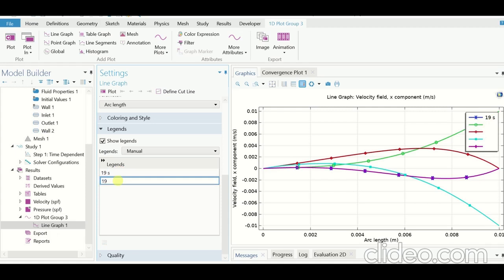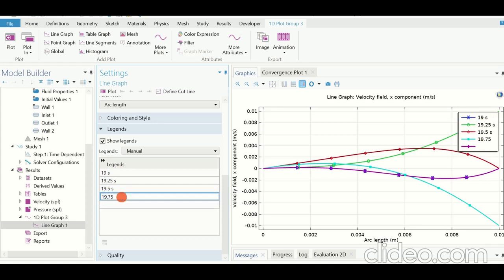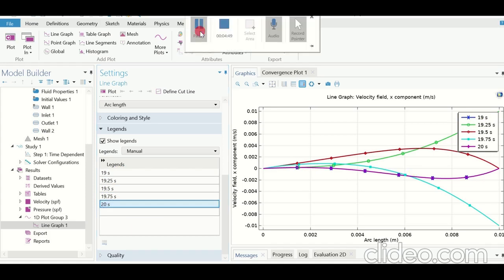This blue line is for 19 seconds, another one for 19.25, the green one, this maroon one is for 19.5, then 19.75, and this last line, the purple, is for 20 seconds. This is the velocity profile that we can observe between the plates when the top plate is oscillating with a velocity of A sine omega t.